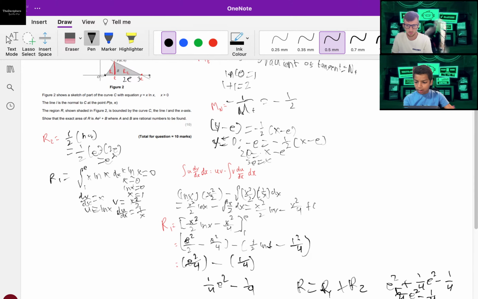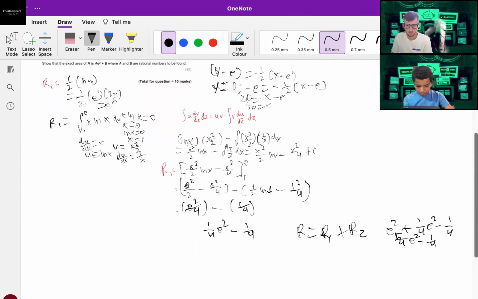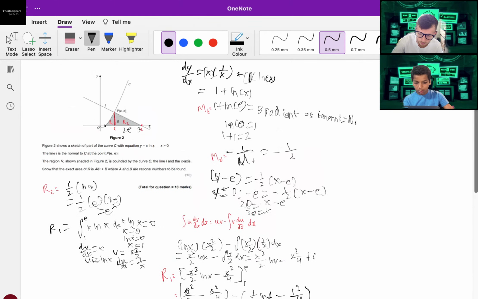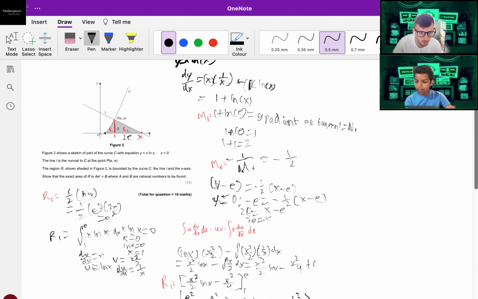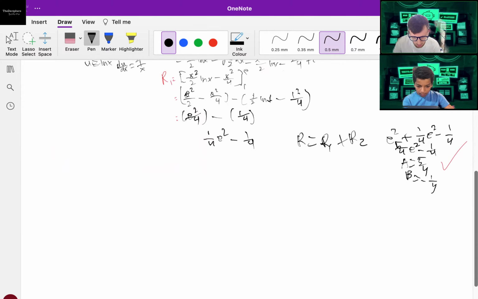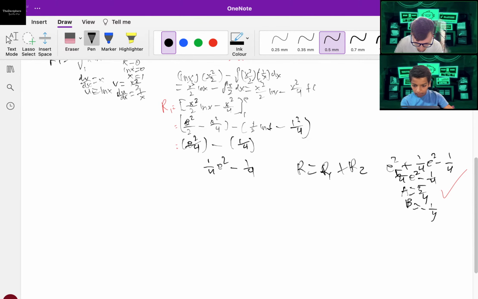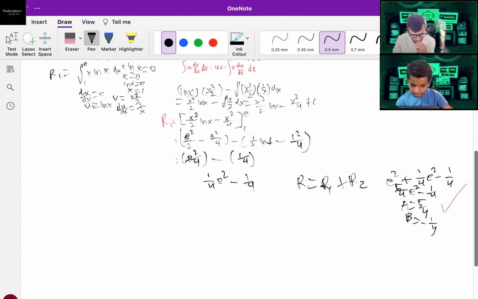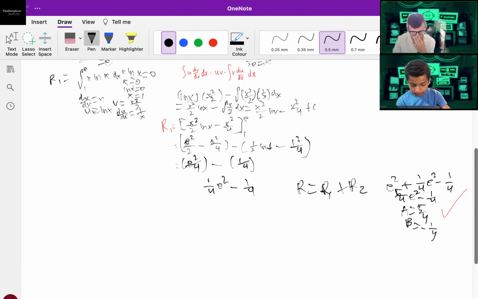So A is 5/4. B is -1/4. And that's it. Is it -1/4? I think we should just go back, have a little look, a few steps back there, Cordelia, because you've got E squared minus a quarter, but then we'll just double check the -1/4 bit.